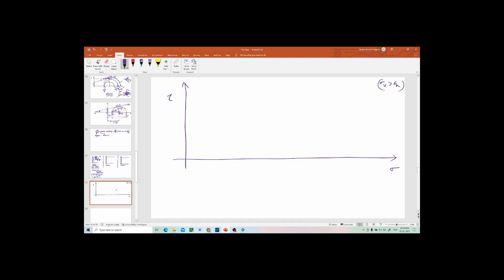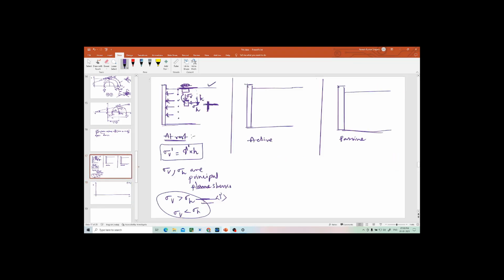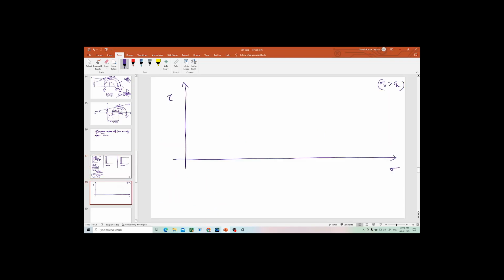So if that is the case, if you want to draw the Mohr circle for that element in the at rest condition, you know, right? Now you know major principal and minor principal stresses, which are nothing but sigma v and sigma h. They will be on the x-axis because there is no tau.